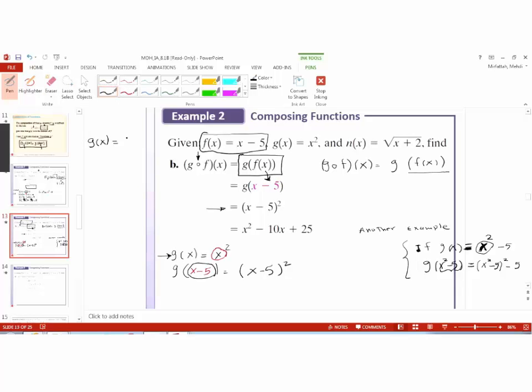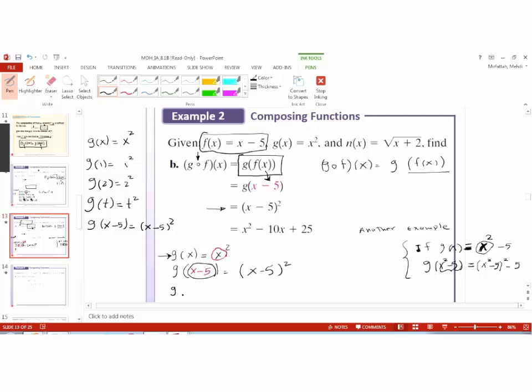If g of x is equal to x squared, I should be able to find what g of 1 is, would be 1 squared. g of 2 would be 2 squared. g of anything, g of t, would be t squared. g of x minus 5 would be x minus 5 squared. Does that make sense?